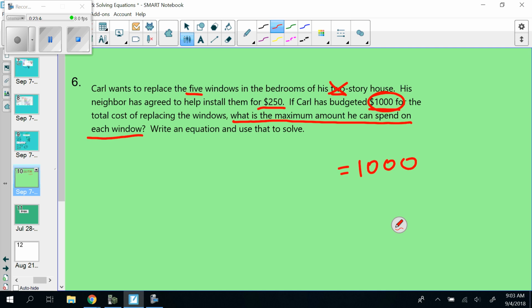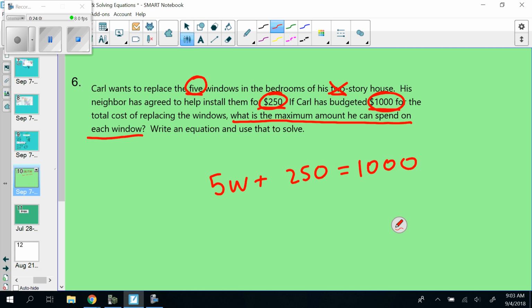What does he have to pay? Well, he has to pay for installation, which his friend is going to help him with for $250. So that cost is going to get paid out no matter what. The other things he needs to spend money on are those windows. And since we know there's 5 of them, we want to do 5 times the cost of a window plus the $250 he has to pay his friend equals 1,000.